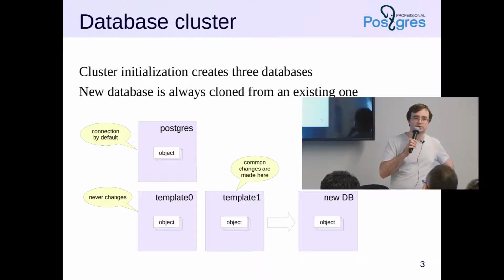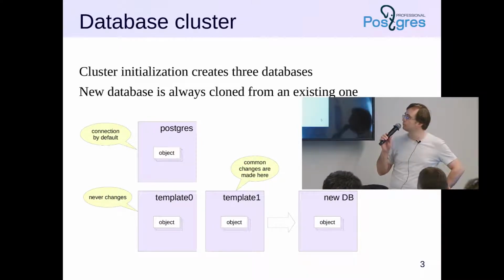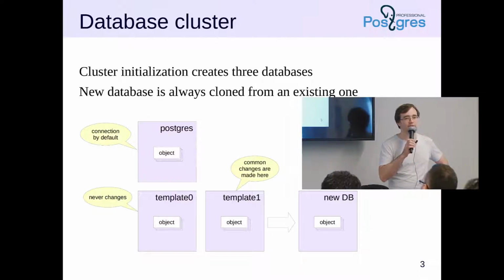So Postgres needs this database. And template1 is a template database that can be changed, and every change that you make to this database is then copied by default when you create a new database. When you create a new database, it must be cloned from one of the existing databases, and by default it is cloned from the template1 database.